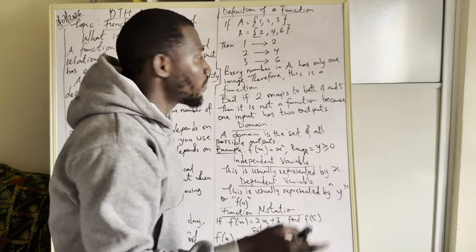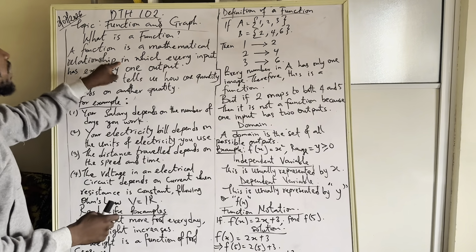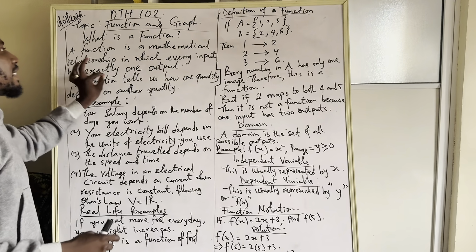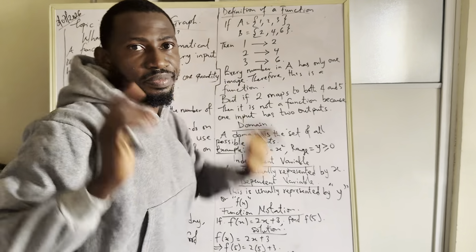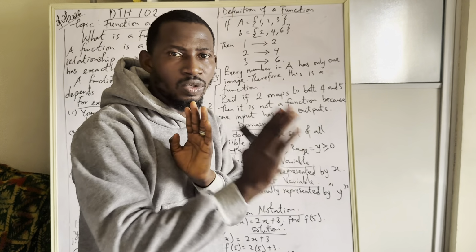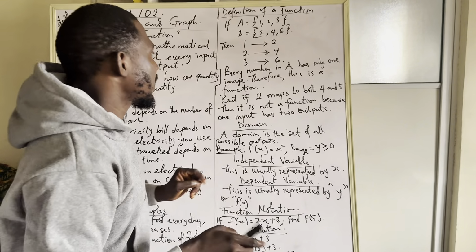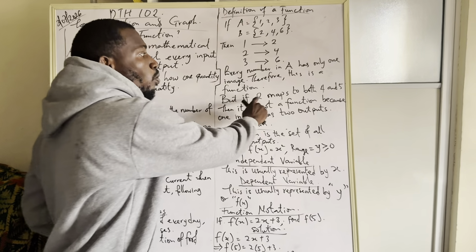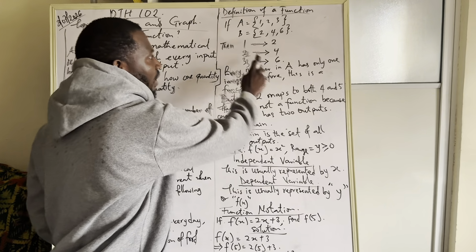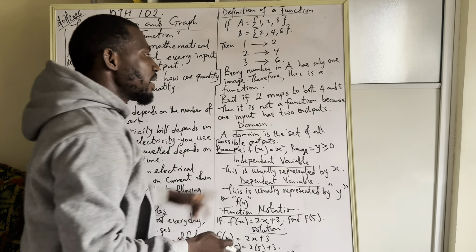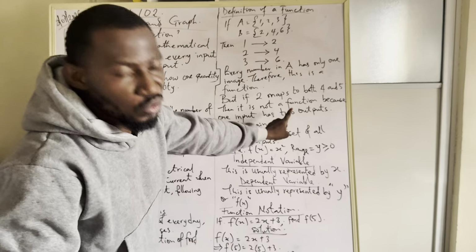Why is it a function? Because it is a relationship in which every input in A has exactly one output in B. But if 2 maps to both 4 and 5, definitely it is not a function.